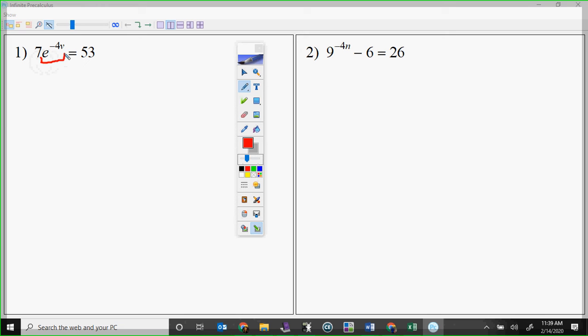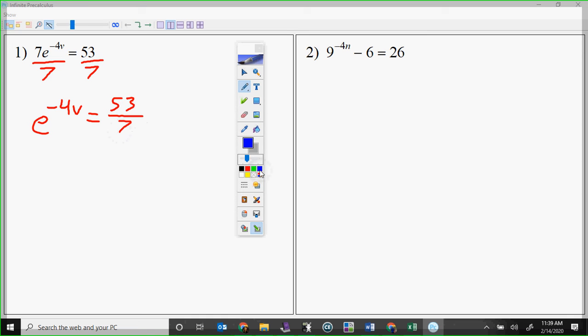I want to get that by itself. Well, to get it by itself, I need to divide by 7 from both sides, and then I get e to the negative 4v is equal to 53 over 7.